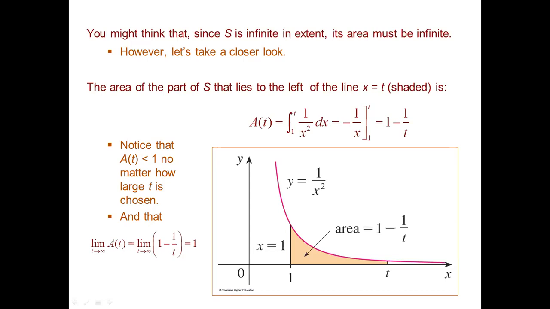I explained this a while ago: if t gets bigger, 1 over t gets smaller. It's as if you are subtracting a very small value from 1. So as t approaches infinity, the limit of this entire expression is just equal to 1.